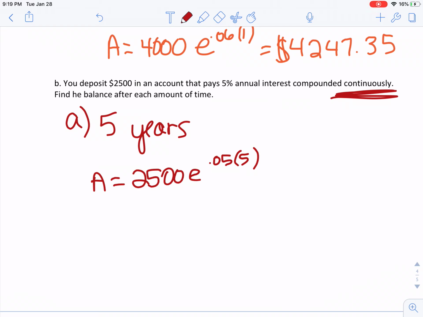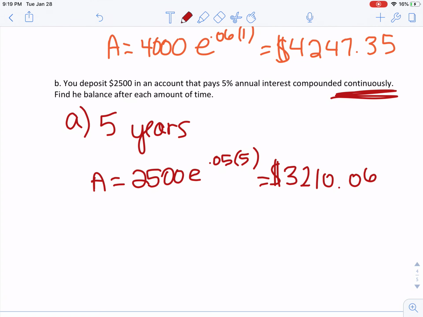You type that into your calculator or Desmos. I typed it in Desmos because I don't have a calculator. You are going to get $3,210.06, okay?